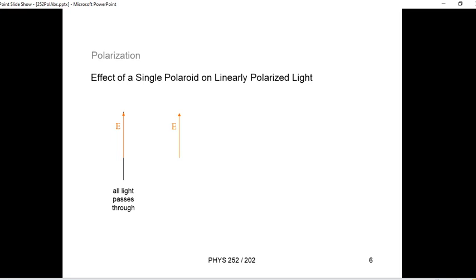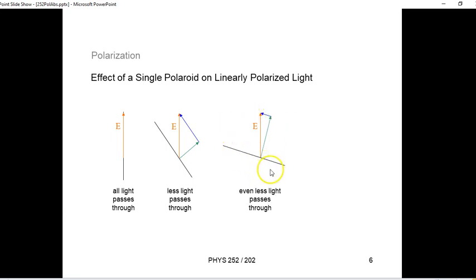Okay, what if my electric field's vertical, but my transmission axis has been rotated a little bit? Well, then that component right there is not going to get through, but that component will, so I have less light passing through compared to the first case. And if my polarization axis is rotated even more, then less of the light should get through because the component of the electric field parallel to the transmission axis is smaller.